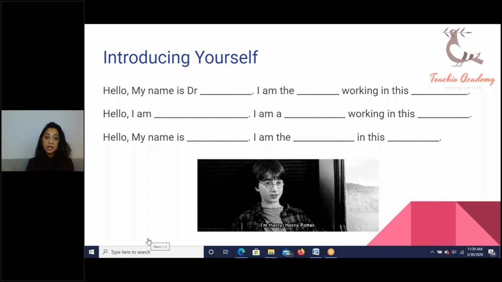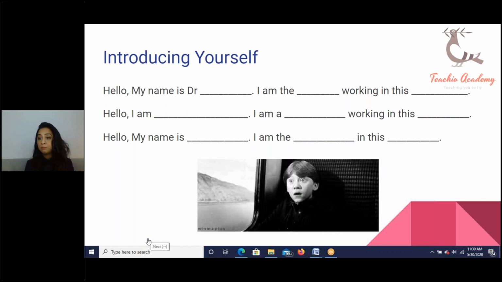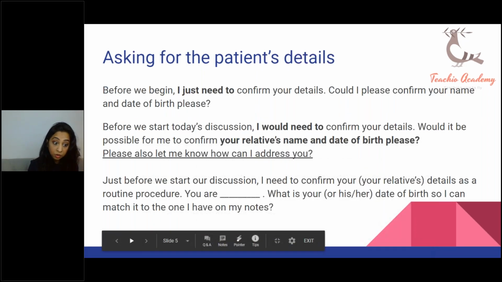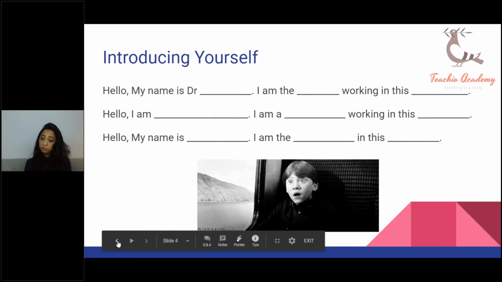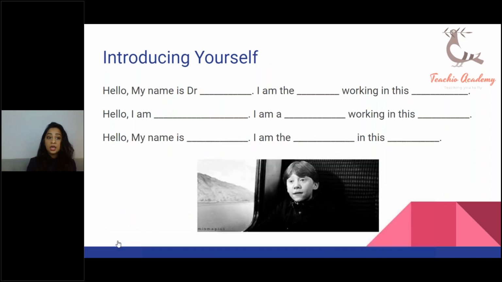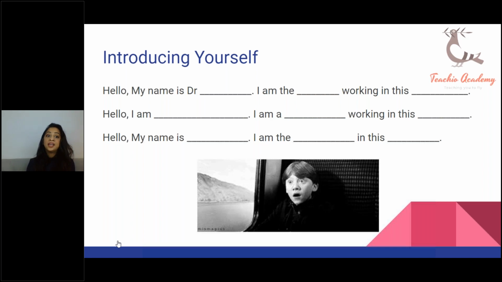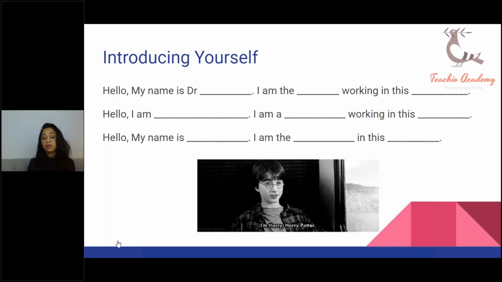So Vijay, you say, hello, my name is Dr. Vijay. I am the medical registrar working in this ward. Or if you want to still add something, hello, let me reintroduce myself. My name is Dr. Vijay. I am the medical registrar working in the hospital.